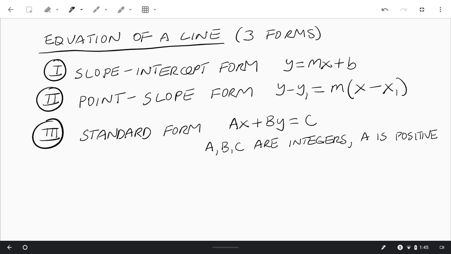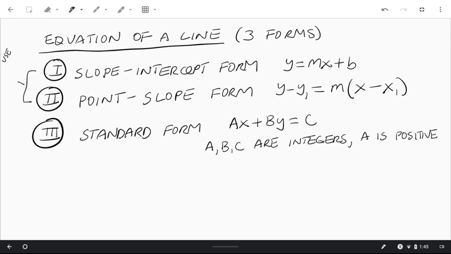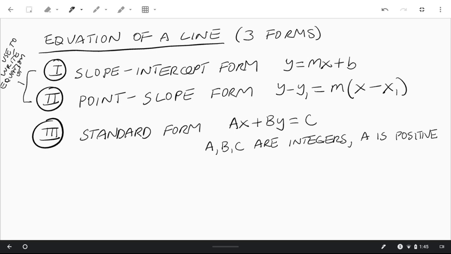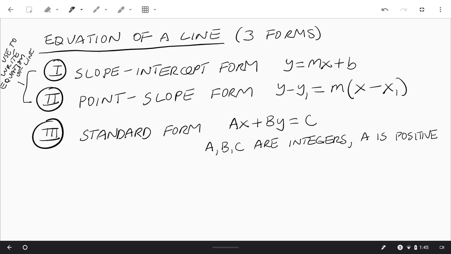So we will most likely be using one of these two right here to write the equation of a line.